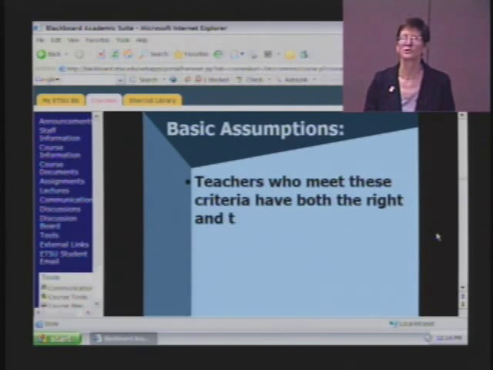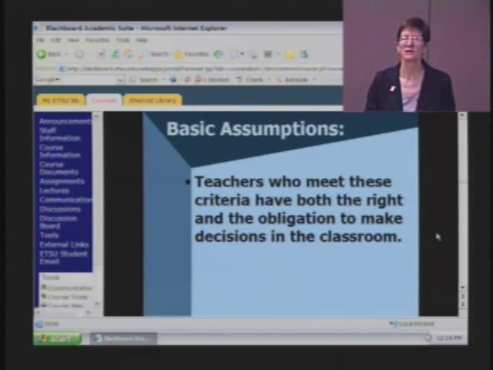If you do these two things, you meet these two criteria, then as a teacher you have the right and the obligation to make decisions in the classroom. Now that's a new concept, and sometimes that's an unusual concept.